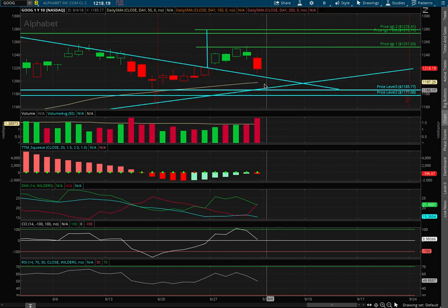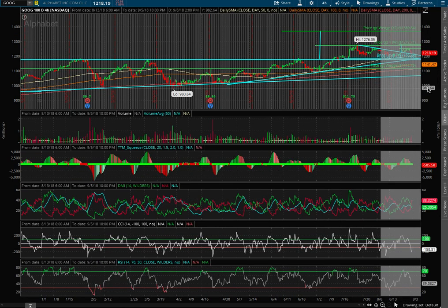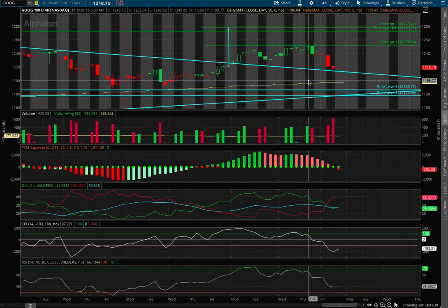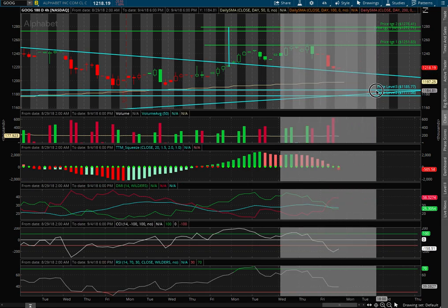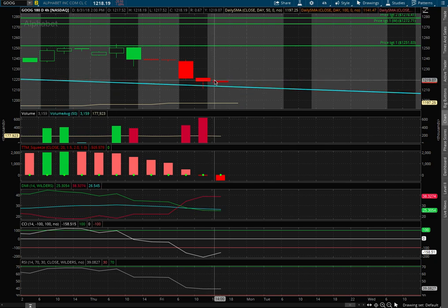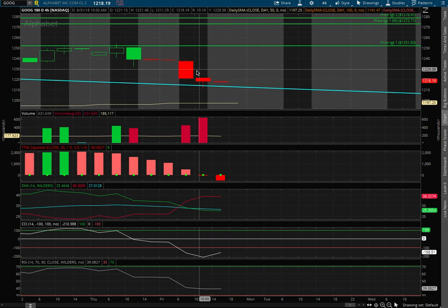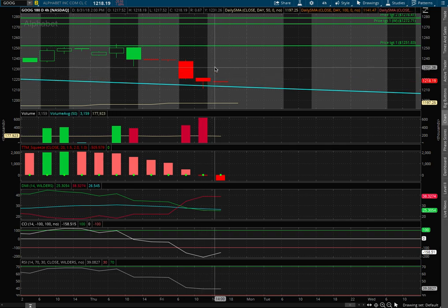But when I'm going to do a swing, I'm going to be looking at the daily or the 4-hour chart. So currently on the 4-hour chart, it is holding this line, and it's making a reversal candle bottoming tail, which I like. Now, what it has to do is make a big green candle tomorrow in order for this to be confirmation that we are reversing.